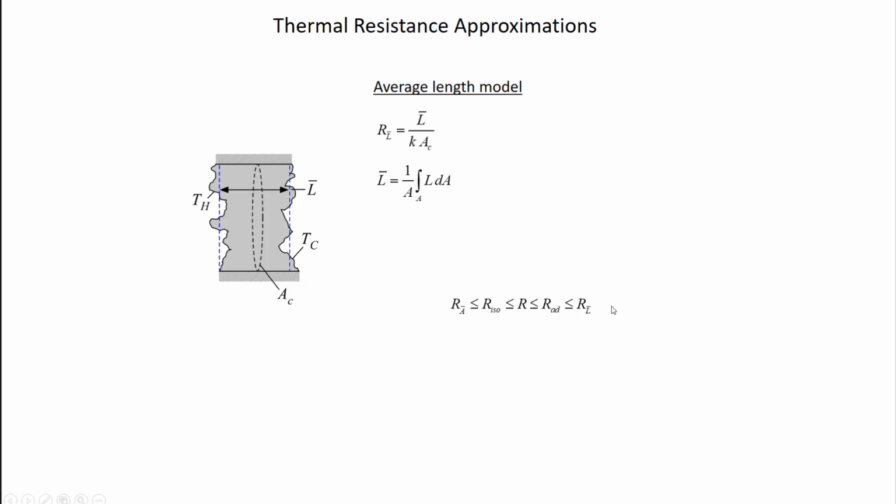So this is kind of our hierarchy of approximate models, right? If I don't want to actually estimate the true resistance because it's too hard, I have these different options that I can use to use 1D type models to estimate and bound the true resistance without actually having to calculate it. And you'll use these a lot in real life when you're confronted with some kind of relatively complicated situation and you just want a back of the envelope estimate, right?